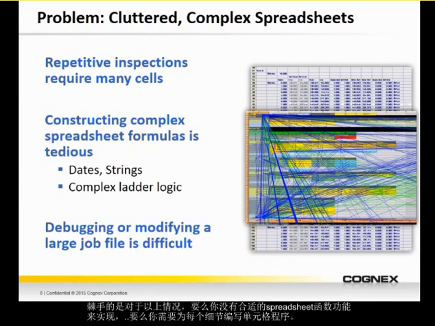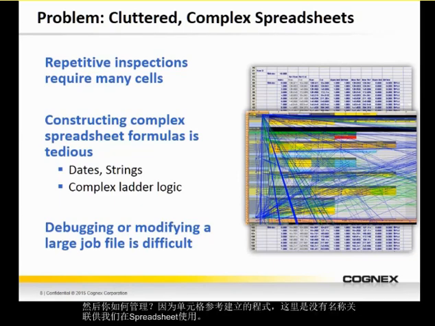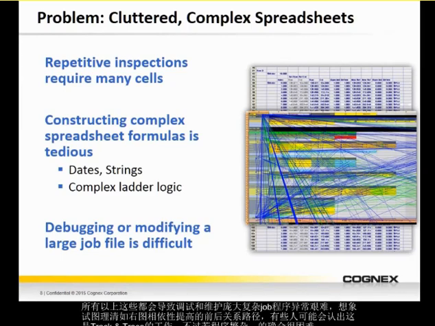Expressing the logic itself, because either you don't have the formulas or the functions needed to handle them, or you need to set up cells for every little thing. And then how do you manage it? Because we use cell references to create formulas, there are no names associated that we can actually use in the spreadsheet. Now, all of this basically leads to the pain of debugging and maintaining large, complex job files.